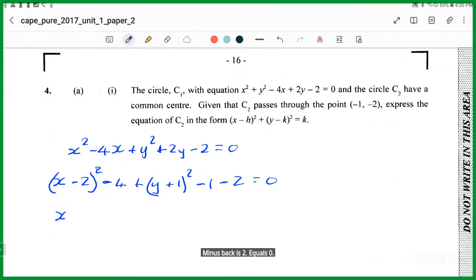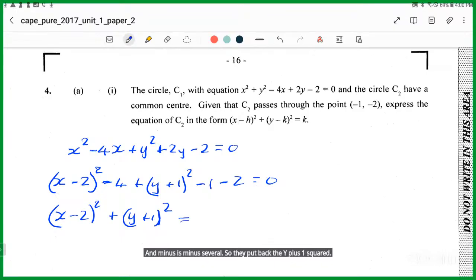So it's x minus 2 squared, then minus 4 and minus 3 is minus 7. So I put back the y plus 1 squared, and over the minus, it becomes 7.